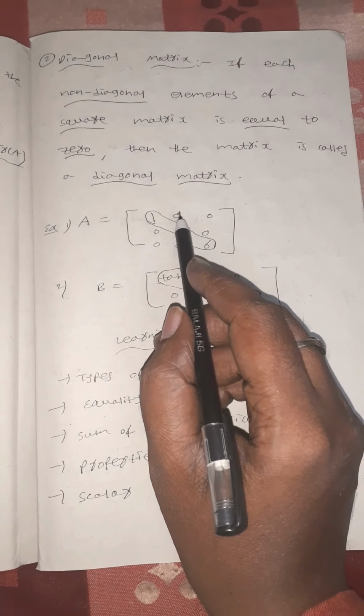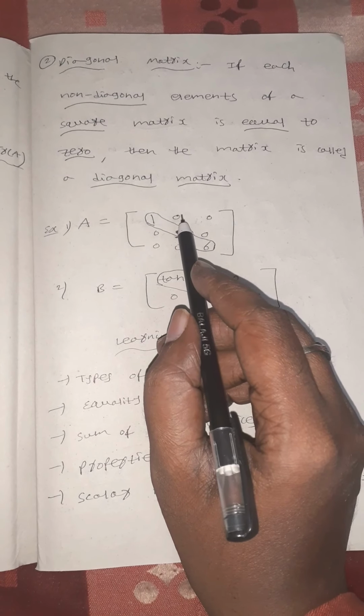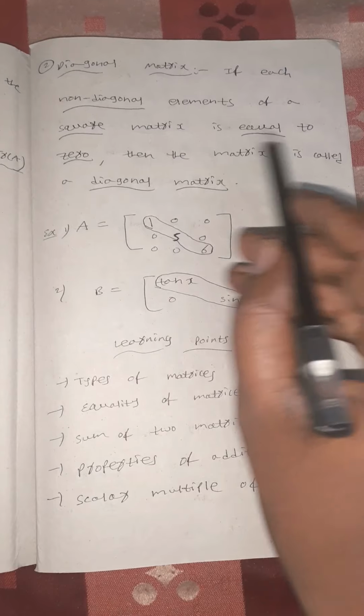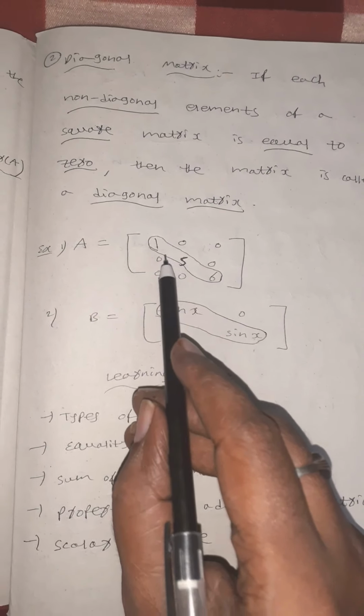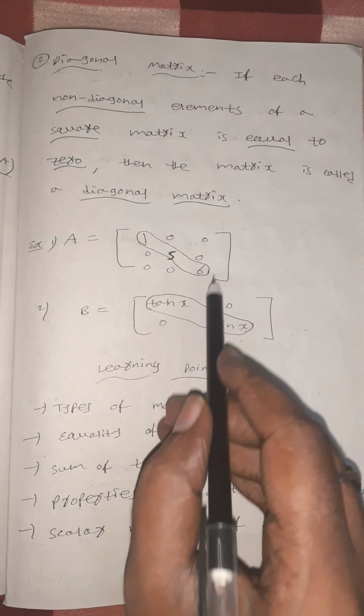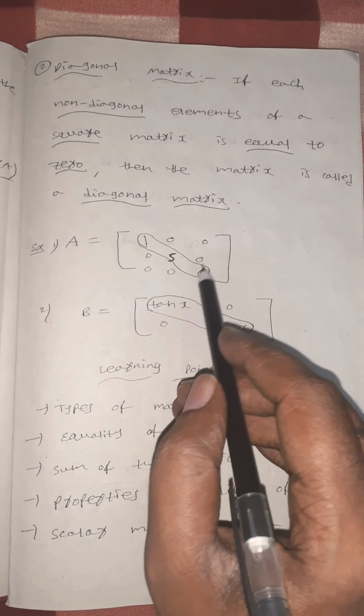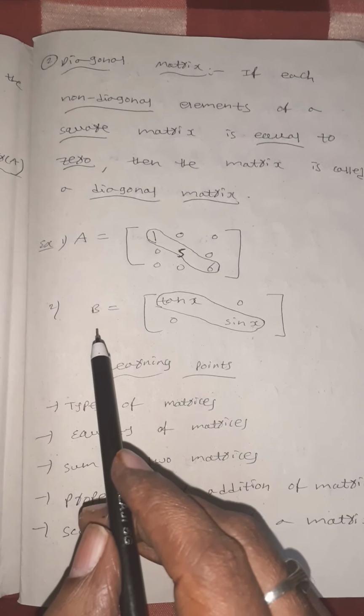This cross, rows as well as columns, they are non-diagonal elements. These diagonals may be any numbers, but apart from these numbers, all other numbers are zeros. This type of matrix is known as a diagonal matrix.